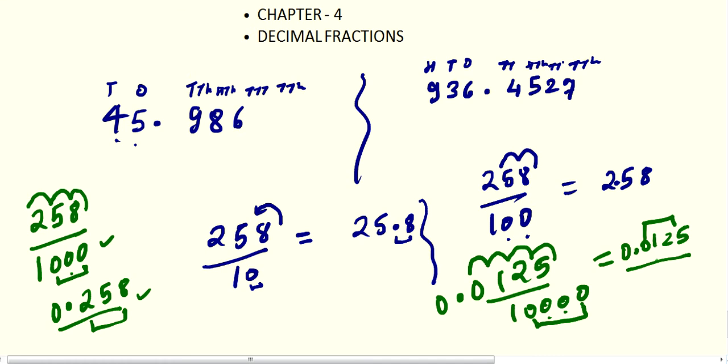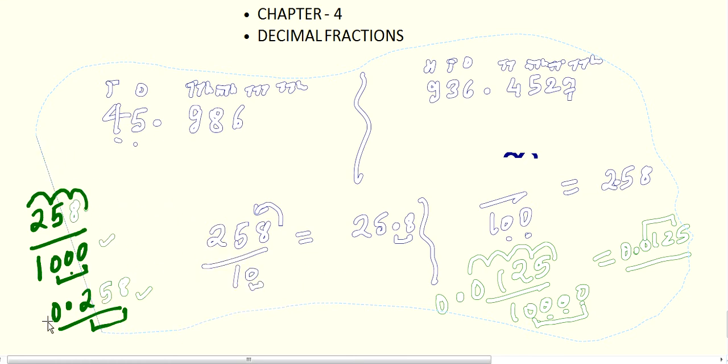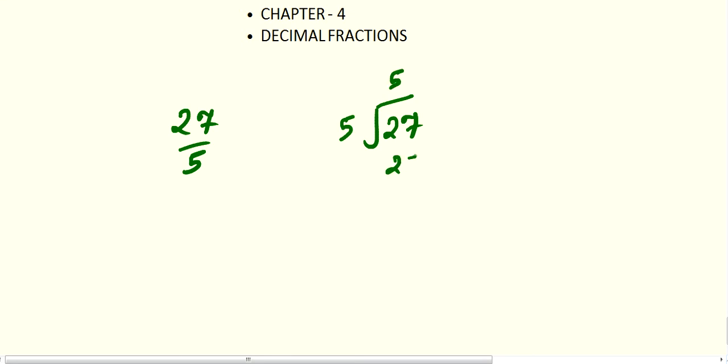That's about decimal fractions. What if you have something other than decimal fractions? Then how can you solve? Simply you can solve by division. Suppose you have 27 by 5. You can divide 27 by 5. 5 fives are 25. So 2 is remaining.